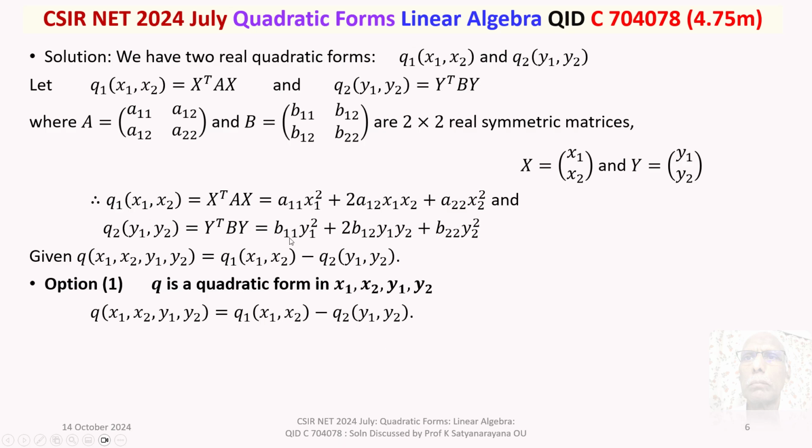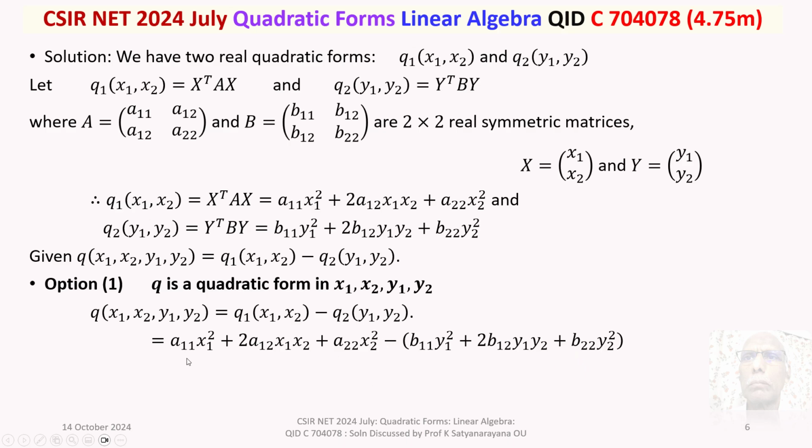For Q1 of (x1, x2) we write that quadratic form: a11 x1 square plus 2a12 x1x2 plus a22 x2 square, minus Q2 of (y1, y2). That quadratic form we write in brackets: b11 y1 square plus 2b12 y1y2 plus b22 y2 square. Now, what is this?